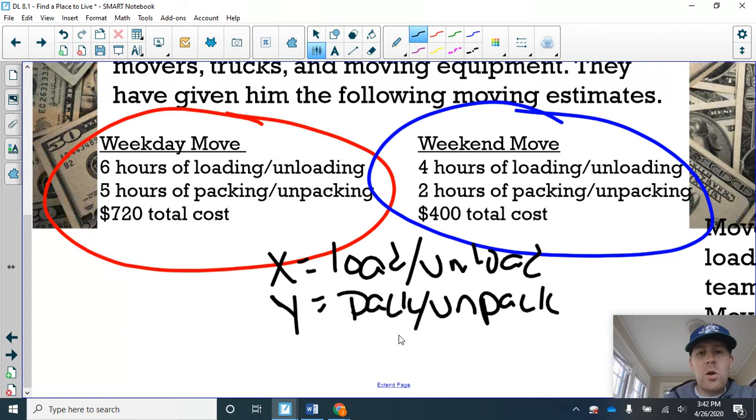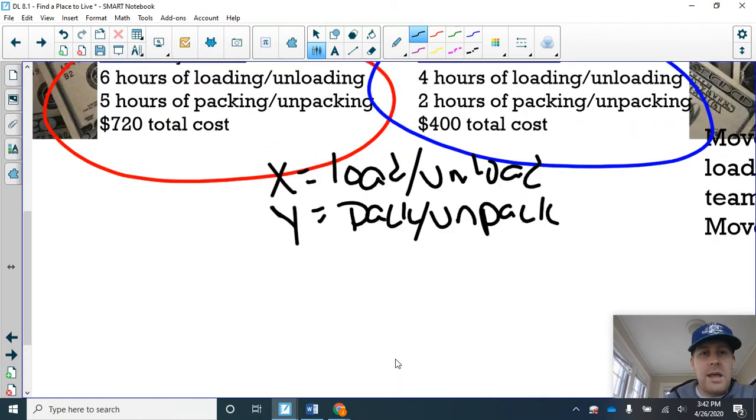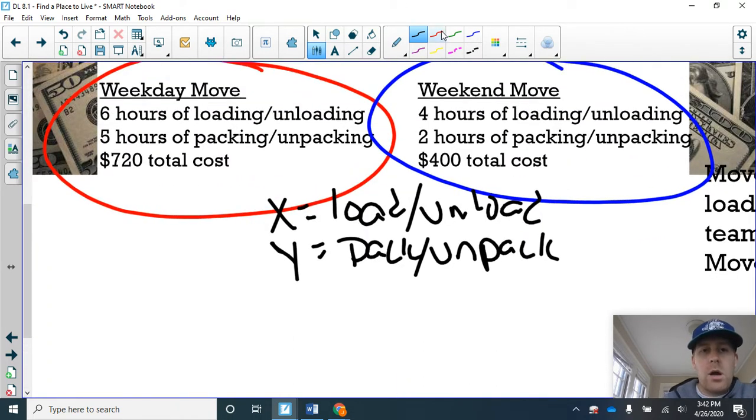All right, so let's go into the weekday and figure out what his equation would be. It's 6 hours of loading and unloading. If X represents the hourly rate to load and unload, we multiply that by 6 in our weekday situation.